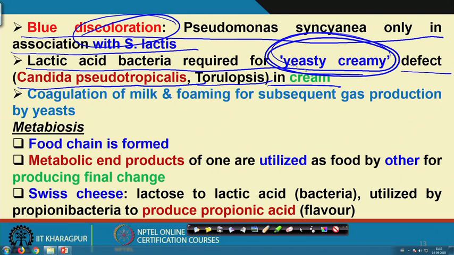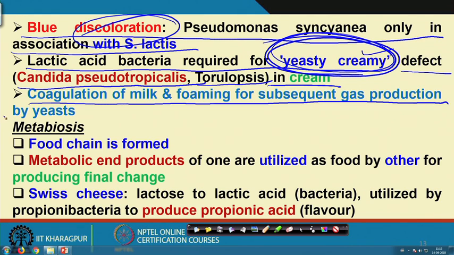These are the yeasts which cause yeasty creaminess, right. That kind of condition happens. Then coagulation of milk and foaming from subsequent gas production by yeasts.